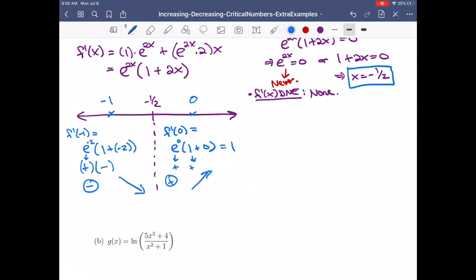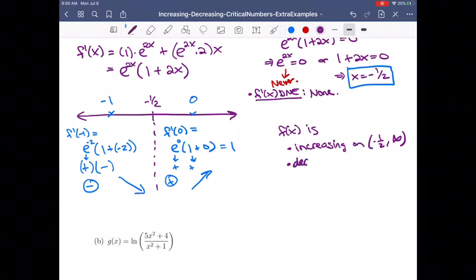I'm going to be increasing. So here f of x is increasing on the interval from negative 1/2 to infinity, and decreasing on the interval from negative infinity to negative 1/2.